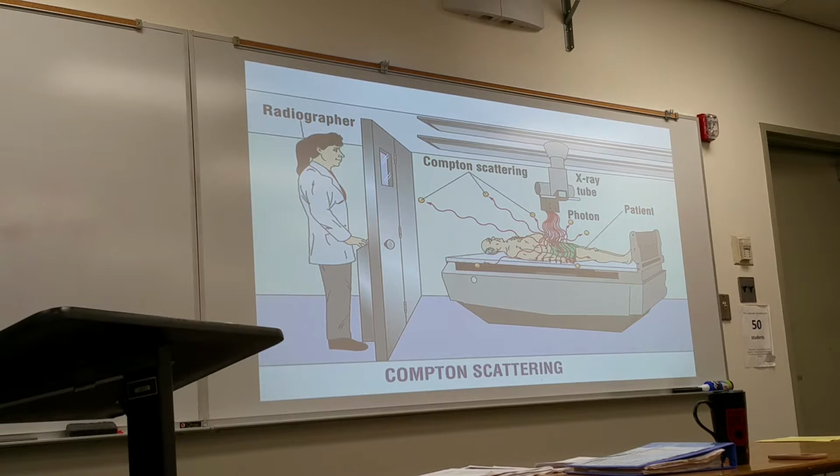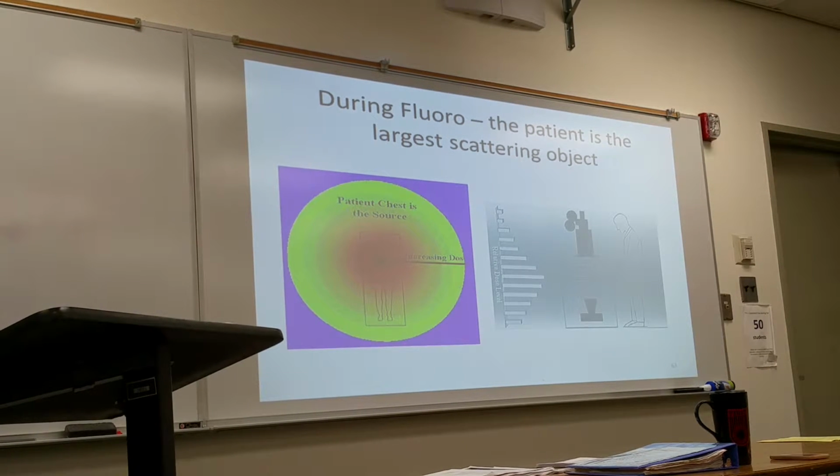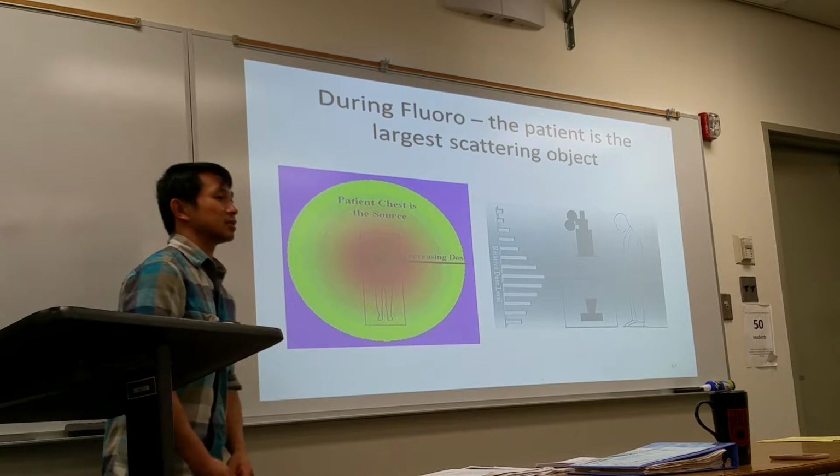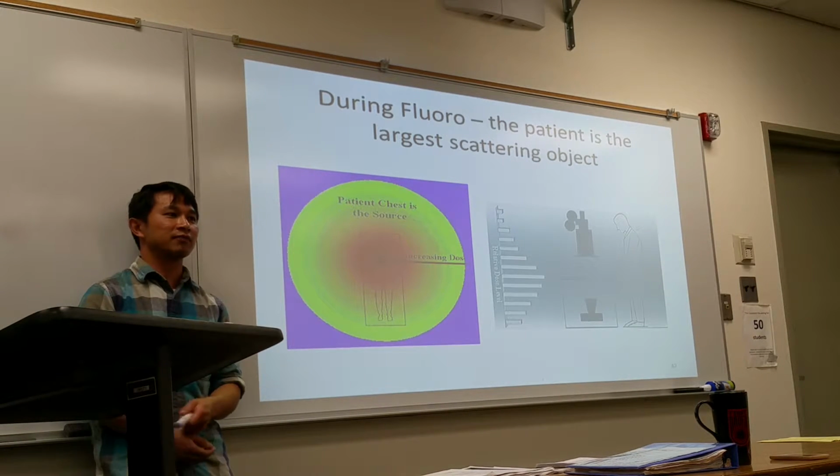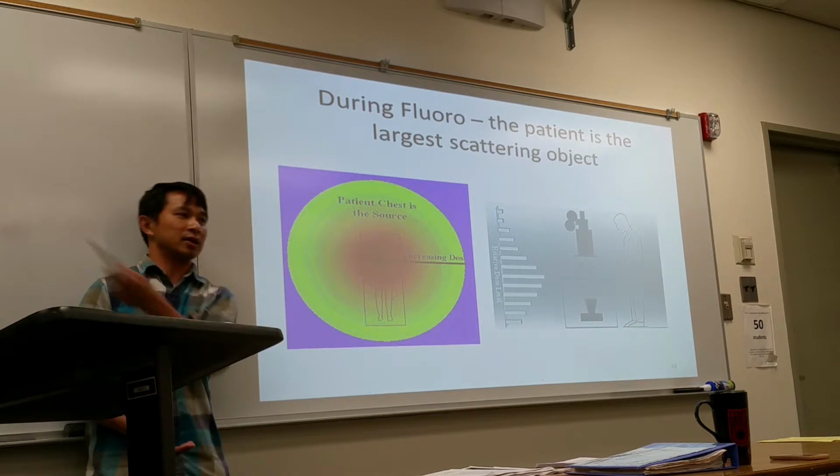Sometimes we have to be in a room with the patient due to fluoroscopy exposure. So the patient is the number one source of Compton scatter radiation. As we work with our patient in the fluoroscopy room, the patient is killing us.